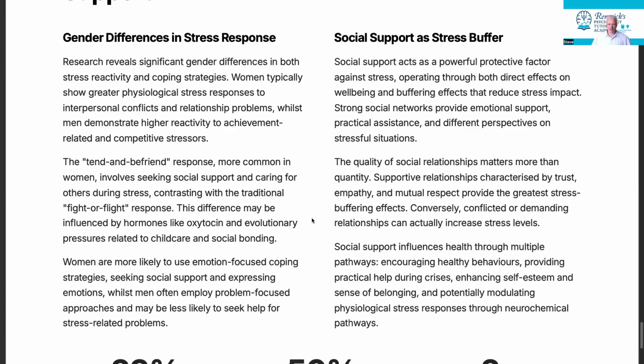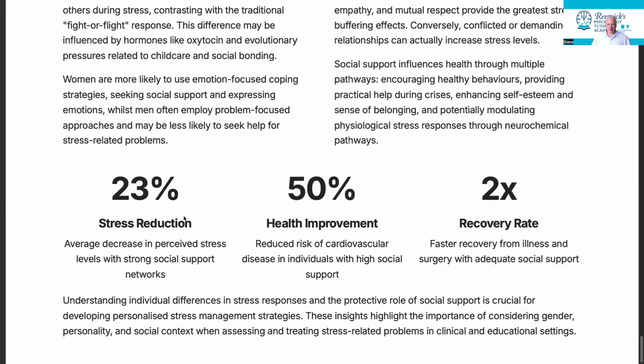So if you look at some of the statistics, there's a 23% stress reduction where you've got good social support networks, a 50% reduced risk of cardiovascular disease in people with high social support, and faster recovery from illness due to adequate social support. So understanding these individual differences in stress response and the protective role of social support is crucial for developing stress management techniques and skills.